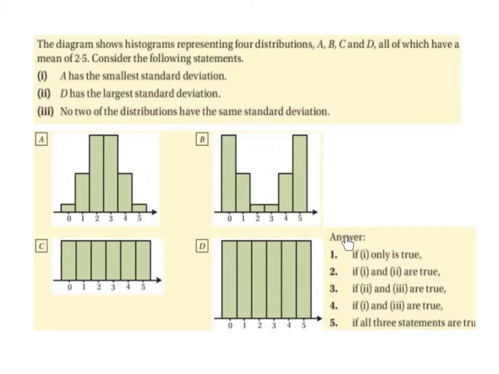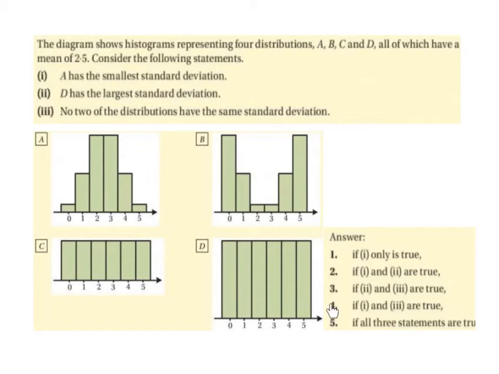So we need to answer 1, if part 1 only is true, that A has the smallest standard deviation. 2, if part 1 and part 2 are true, so A has the smallest standard deviation and D has the largest standard deviation. 3, if part 2 and part 3 are true, so D has the largest standard deviation, and no two of the distributions have the same standard deviation.